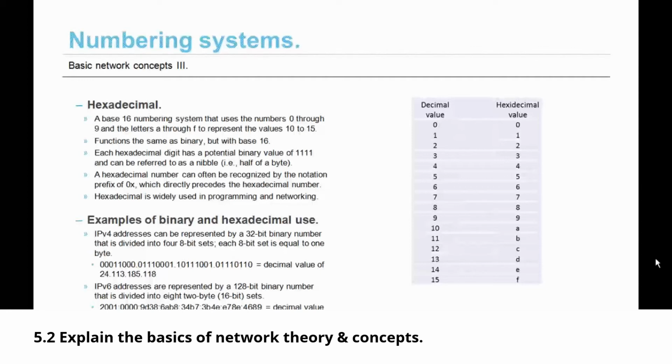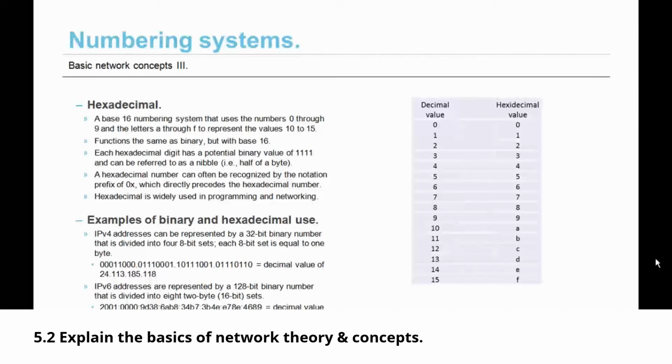Each hexadecimal digit has a potential binary value of 1111 or 15, and it can be referred to as a nibble as it's half of a byte. A hexadecimal number can often be recognized by the notation prefix of 0 lowercase x, which directly precedes the hexadecimal number. Hexadecimal is widely used in programming and networking along with binary.